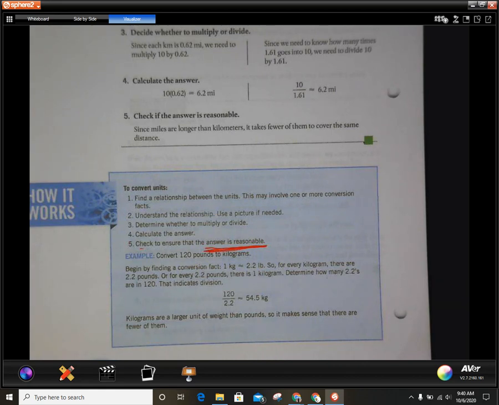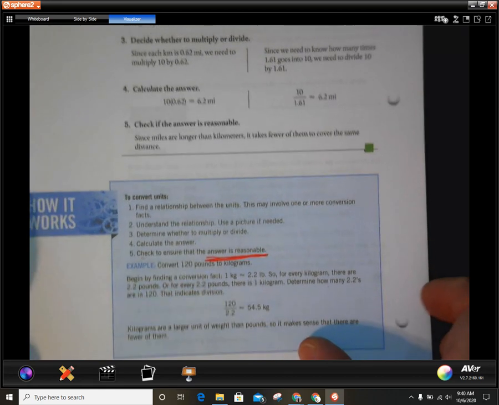All right, so let's see if we can do a couple of examples. First of all, this chart is going to be very useful to us. It's a conversion chart, especially if you don't know your metrics and going from metric to standard.